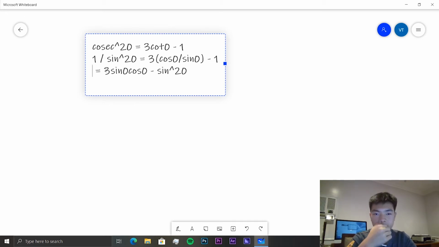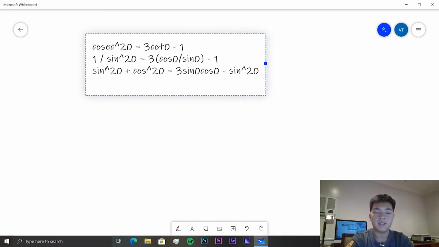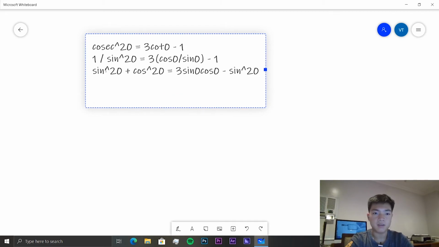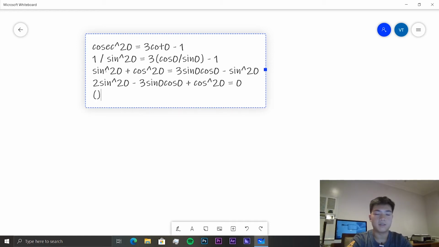Technically, we can make this 1 equal to sine squared theta plus cosine squared theta. Then we can factorize this. We have 2 sine squared theta minus 3 sine theta cosine theta plus cosine squared theta is equal to 0. Can we factorize this? Yes, barely.